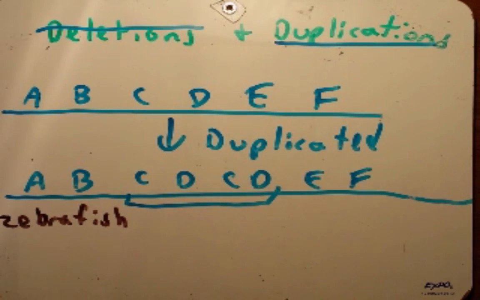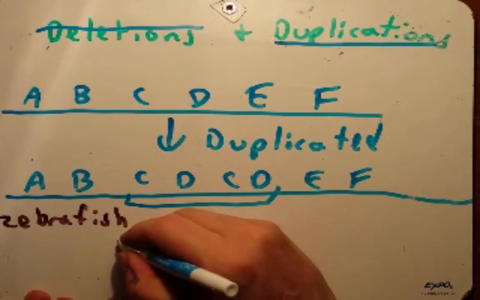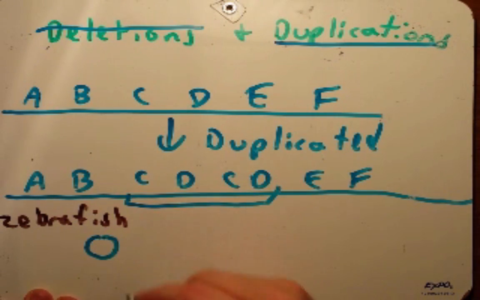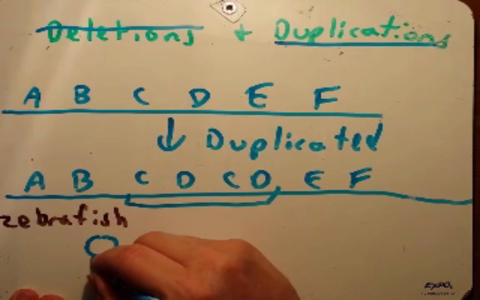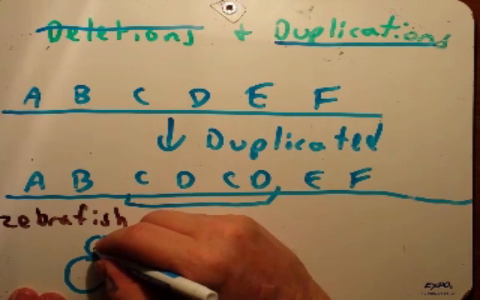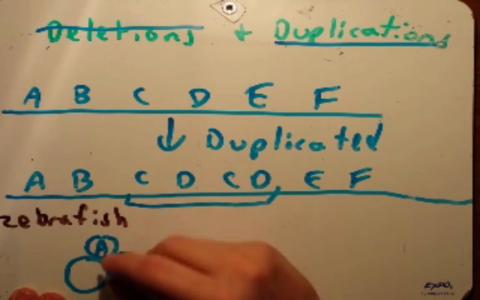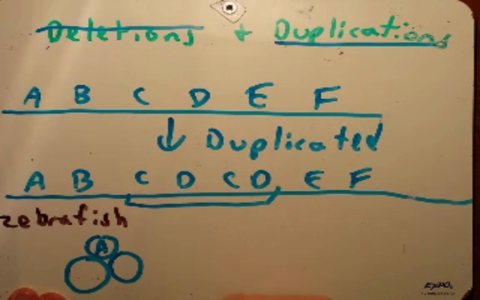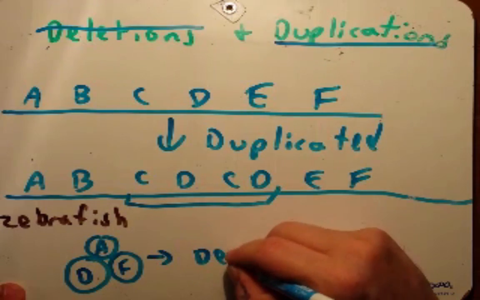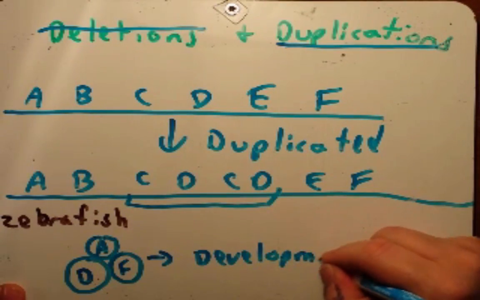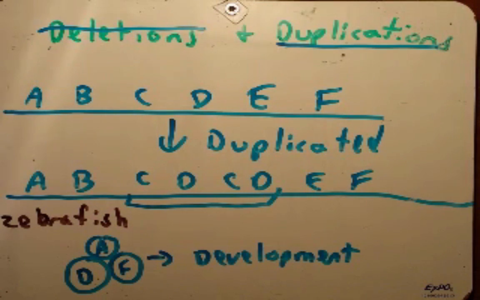And in this example, let's say that in order for the zebrafish to develop, it has this 3-protein complex. And let's say it takes protein A from gene A, protein F from gene F down here, and protein D. And as long as it has these 3 proteins, development occurs without a problem.